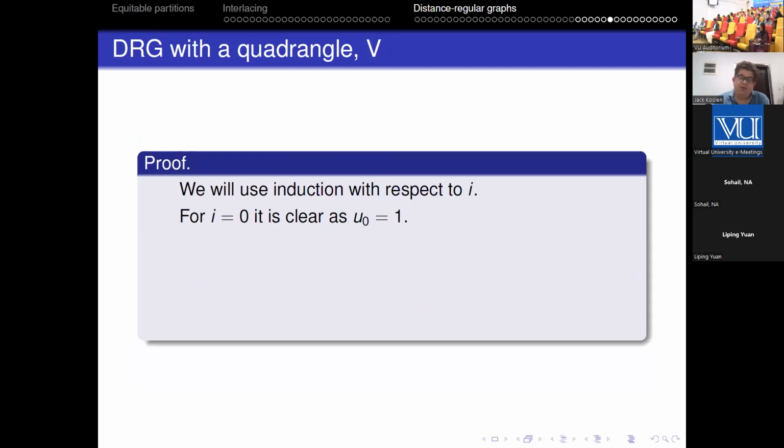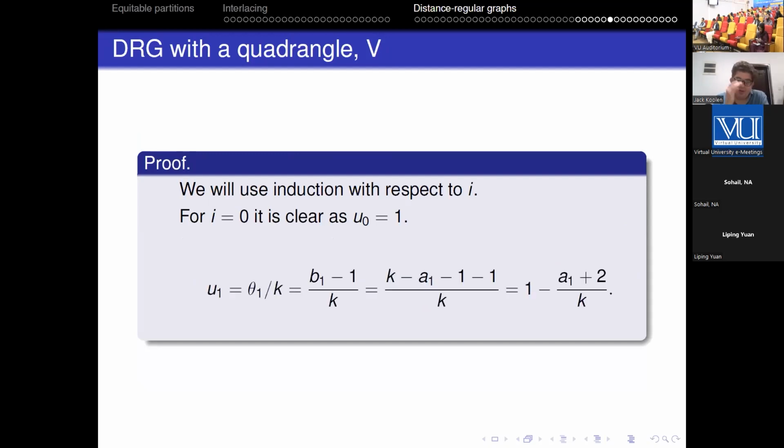For i equal to 0, it is clear as u0 is 1. Then u1 is theta 1 over k. That is b1 minus 1 over k, which is k minus a1 minus 1 minus 1, because b1 is k minus a1 minus 1 since c1 is 1. And then you have to subtract a 1.